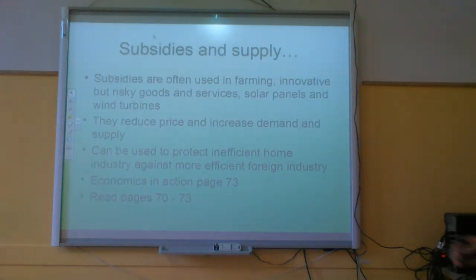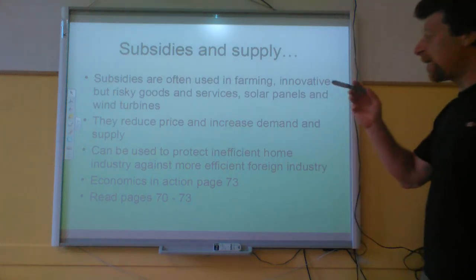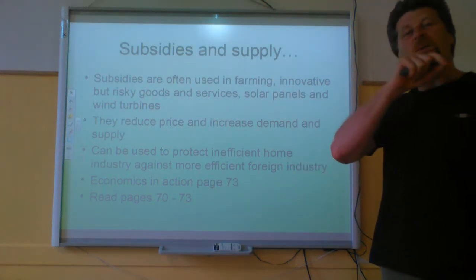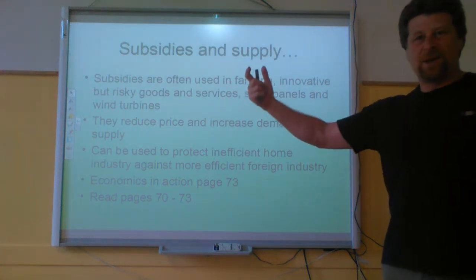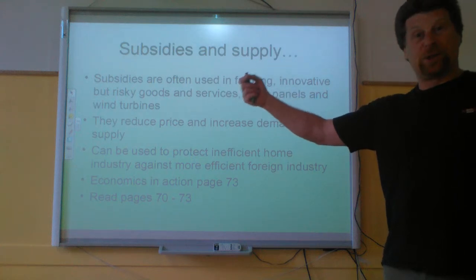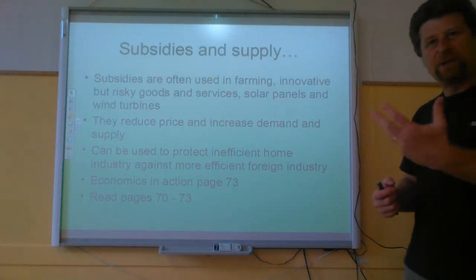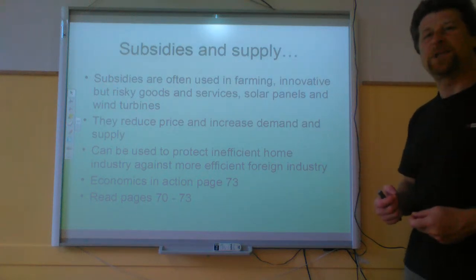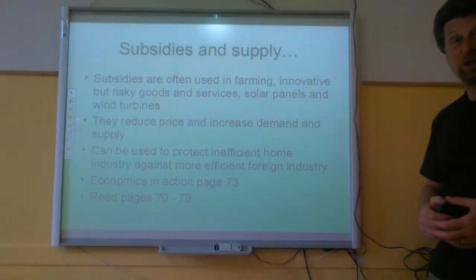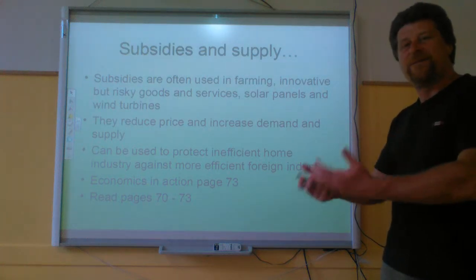If we think about the subsidies in an industry, subsidies are often used in farming because a country cannot depend on foreign producers for its food. It would be dangerous. So it wants to encourage farming. It would subsidise farming, or maybe innovative but risky goods and services where industry are not prepared to invest the money.